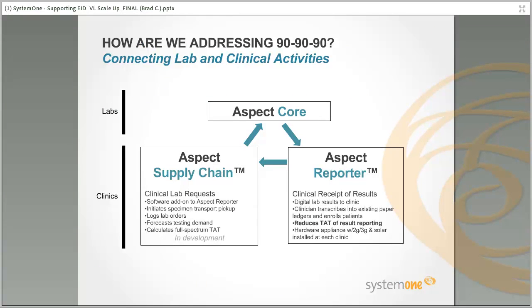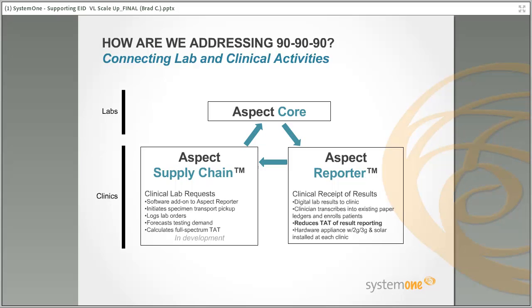So overall, SystemOne, the way we're looking to help address viral load monitoring and patient monitoring and the UNAIDS 90-90-90 targets, is really three different aspects. From the labs and the clinics, at the lab side you have the Aspect Core, which I've been mentioning, which is really your data collection mechanism, integrating the analyzers that are actually performing the testing and getting these quality results in a reliable and efficient means to be able to provide them into the ecosystem.